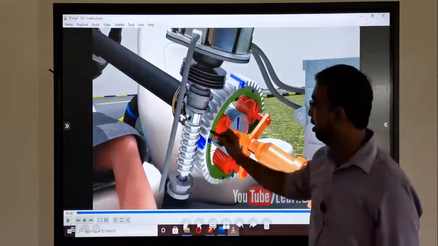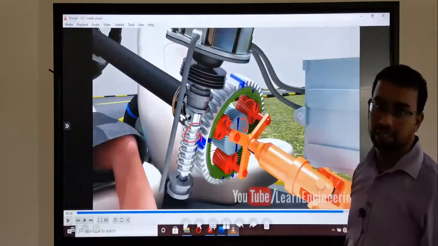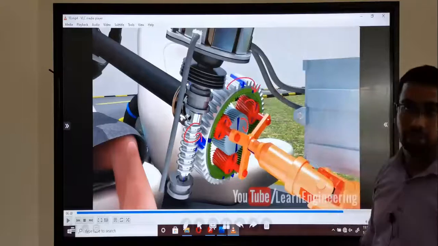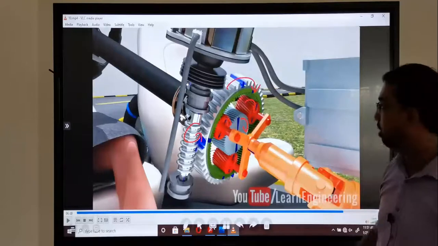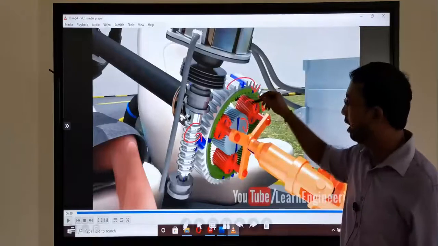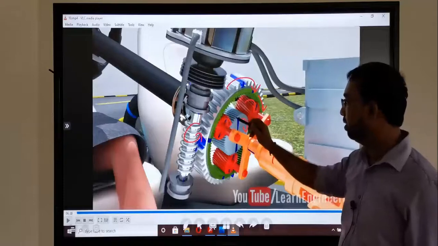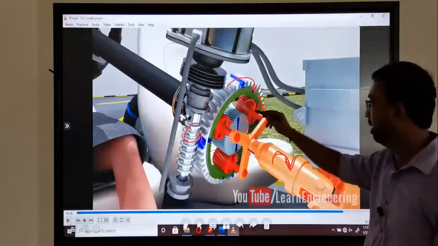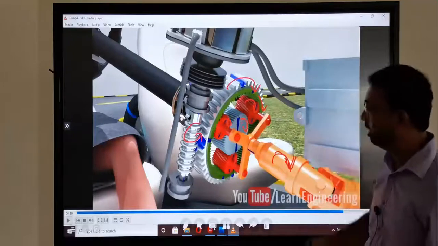At the same time, the worm screw also rotates, the worm gear also rotates, and so the sun gear also rotates. So again it gives the boost. Normally it rotates, and because of the sun gear rotation, the rotation is straightly transmitted by the sun gear and planetary gear to the output shaft.